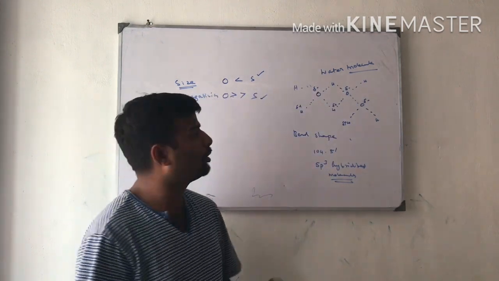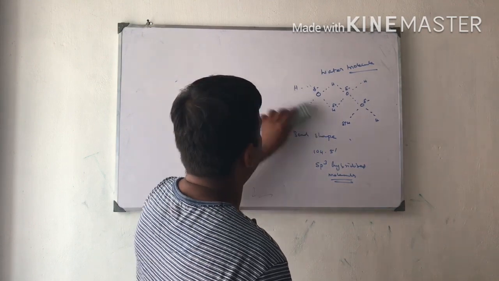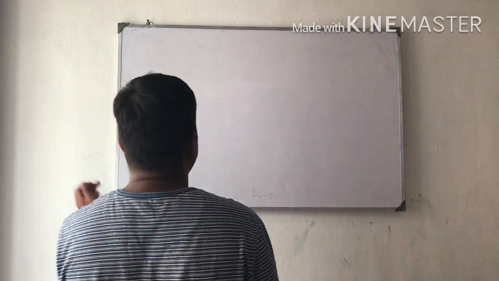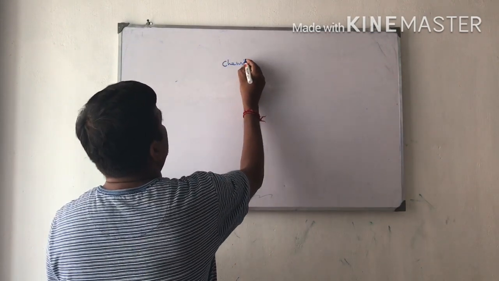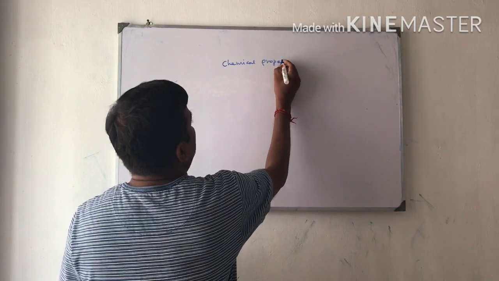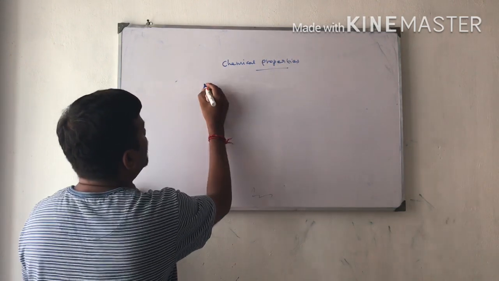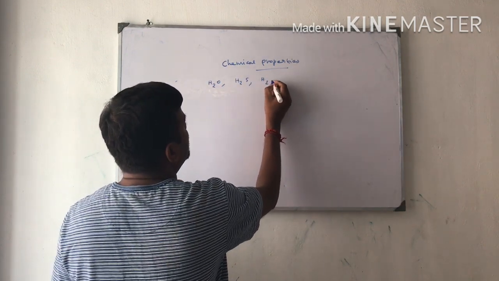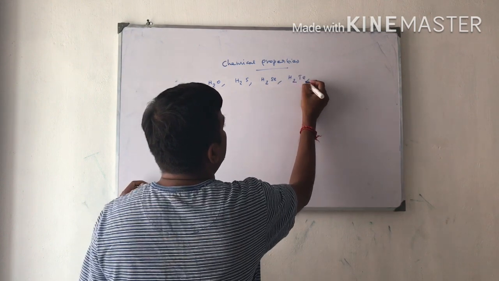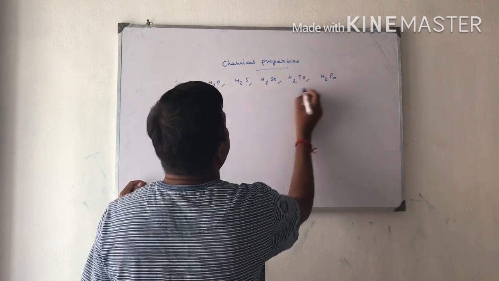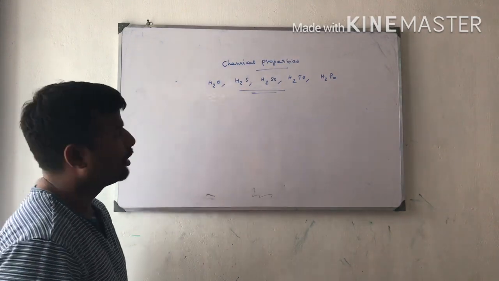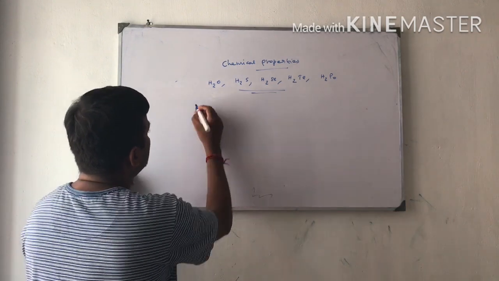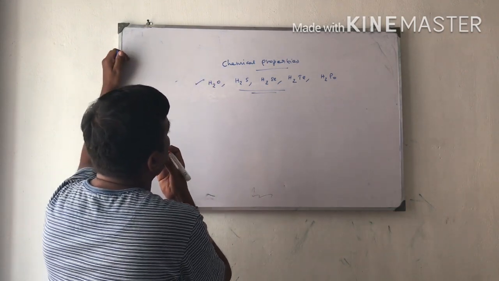Okay. Now I am going to tell you about the chemical properties of the metal hydrides. Examples: H2O, H2S, H2Se, H2Te, H2Po. These are the hydrides of the 16th group elements.